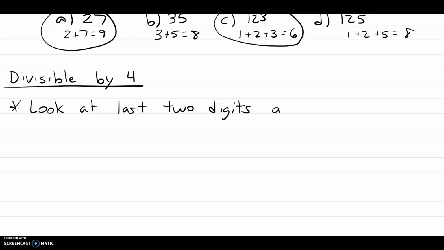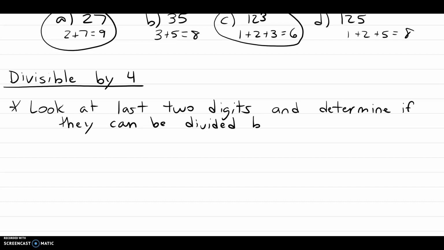and determine if they can be divided by 4.